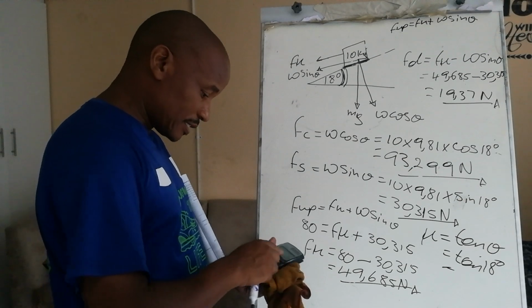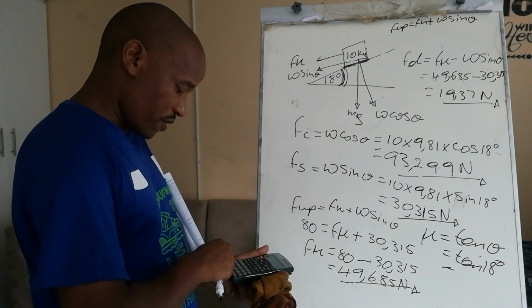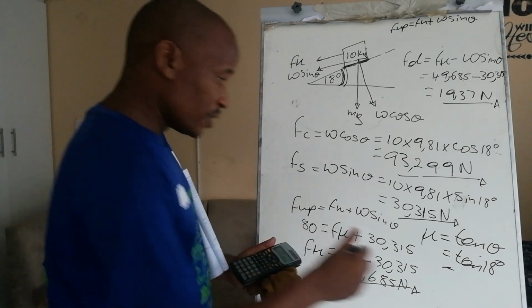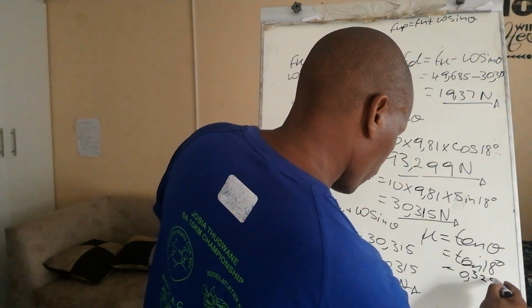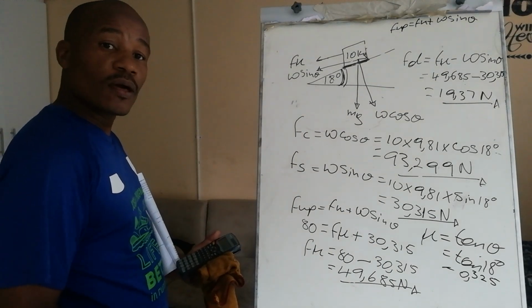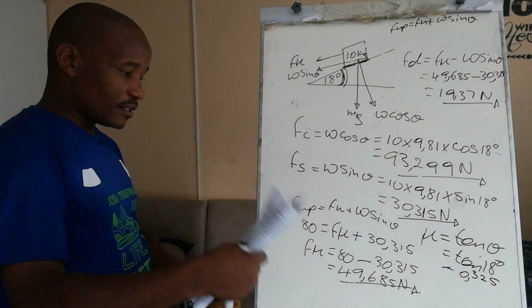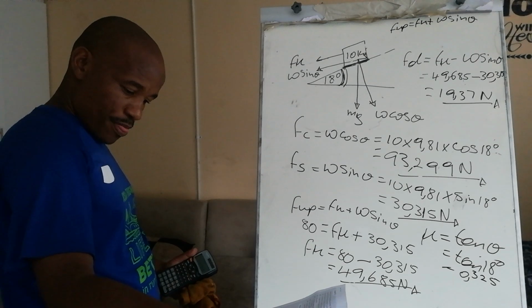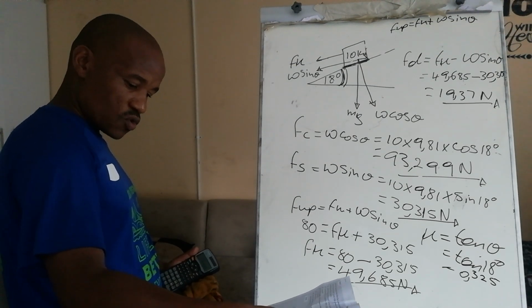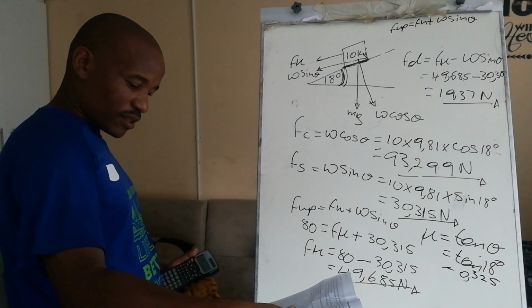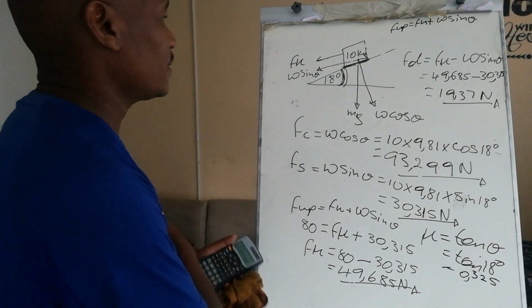Tan of 18 degrees. Tan of 18 degrees is equal to what? 0.325. I don't think I would have taken even that line.